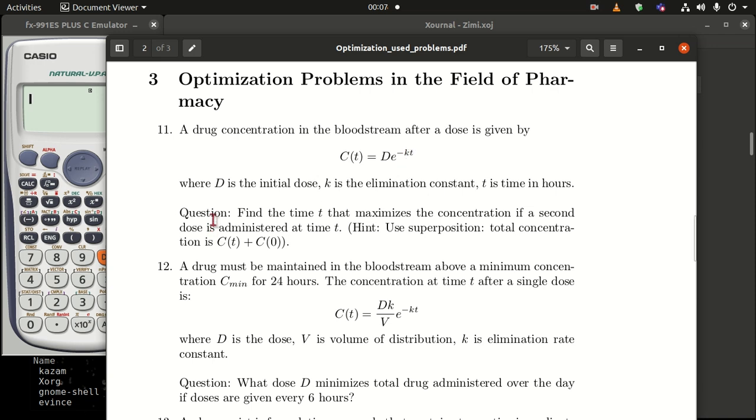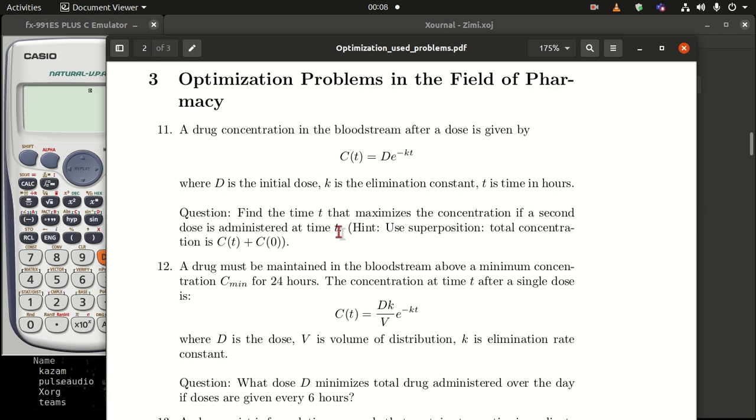Then the question here is saying, find the time T that maximizes the concentration if a second dose is administered at time T. So suppose you inject the first dose in a patient, and then after injecting this dose, you find out that it starts decreasing, or it starts metabolizing in the blood, and then you want to look for the best time T so that you can inject the second dose.